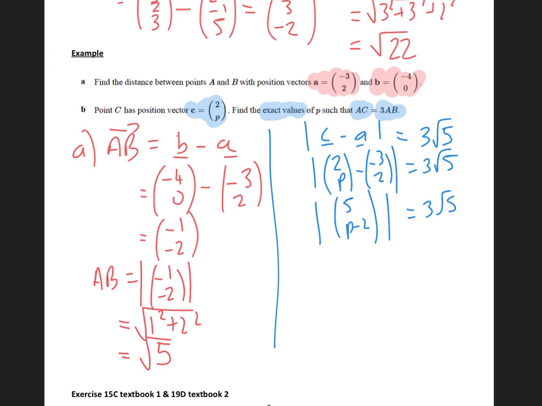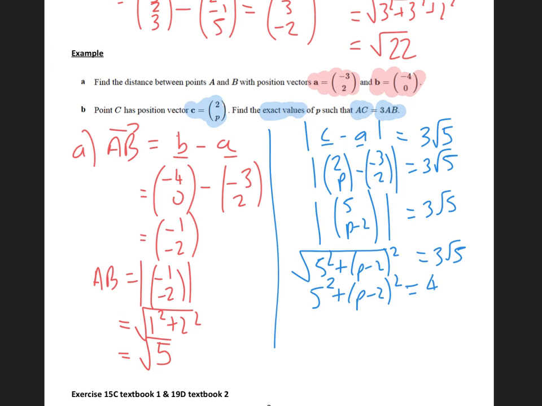I can use Pythagoras now. So the square root of 5 squared, add p minus 2 squared, is 3 root 5. I can square both sides, so I get 5 squared, add p minus 2 squared, and on that side I get 9 times 5, which is 45. So I can simplify it: 25 plus p minus 2 squared is 45.